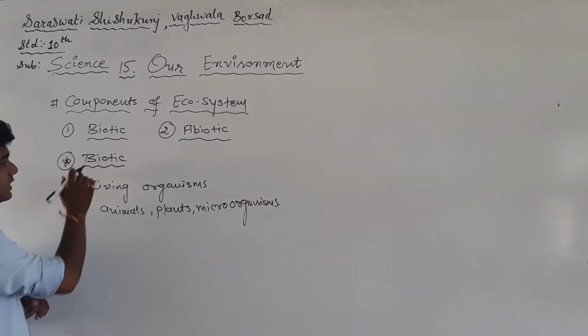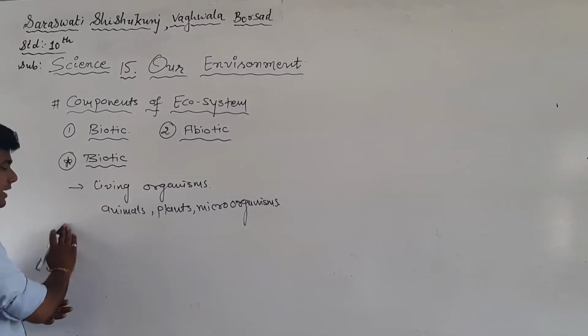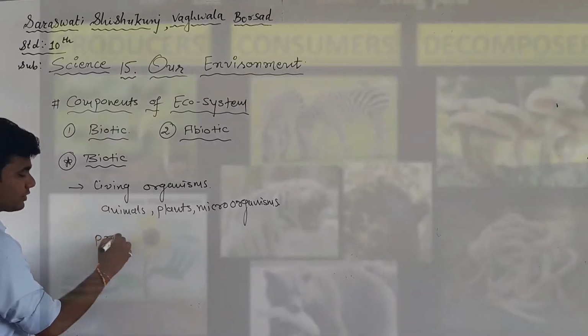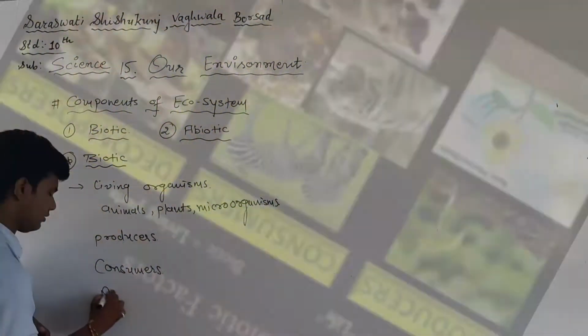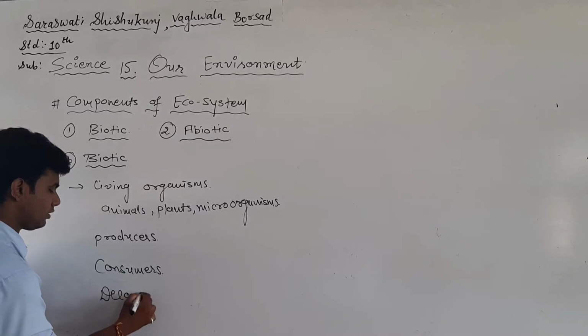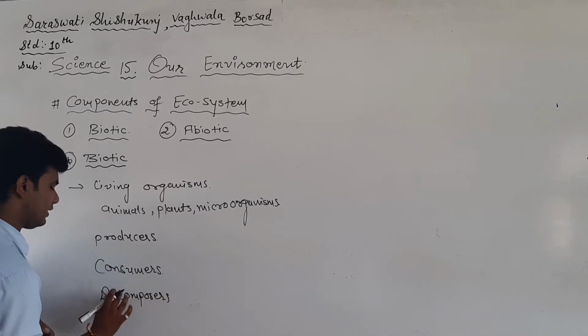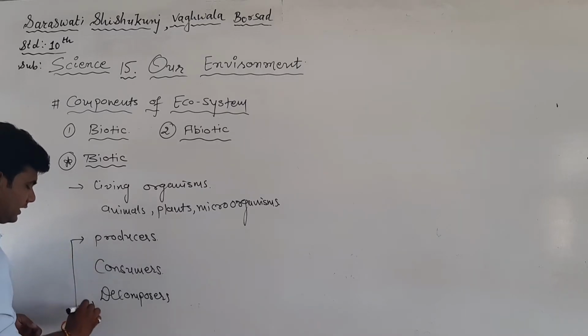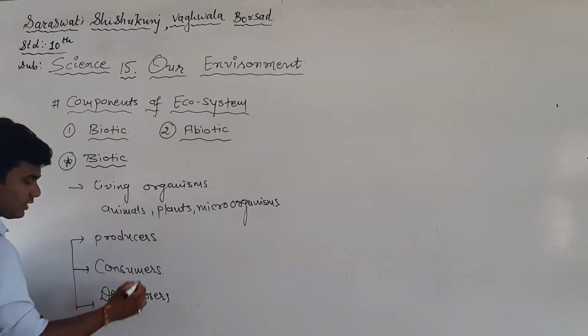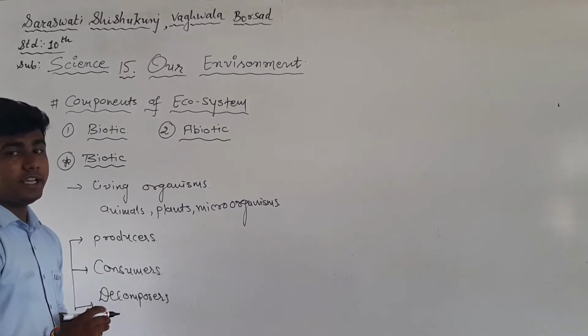So the biotic components can be categorized into producers, consumers and decomposers.